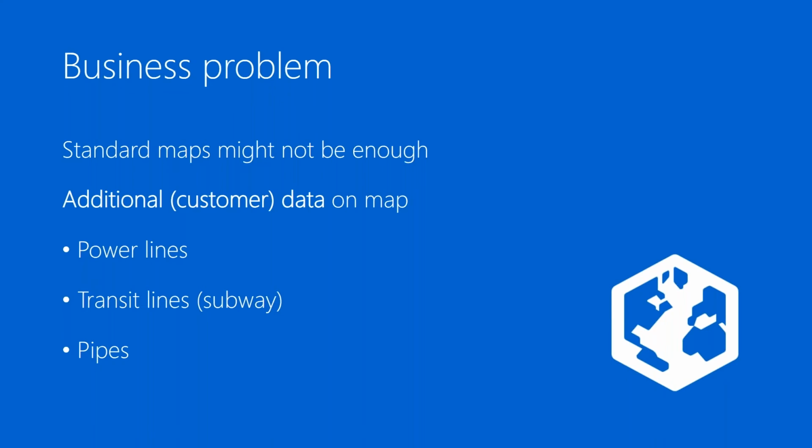So basically data that is not usually shown on the standard map, and it's probably not just shown with a simple pin. There might be lines, there might be polygons, squares, whatever you need to draw on the map to provide guidance to the users. So how do we do this? How do we enable showing additional data on the map?